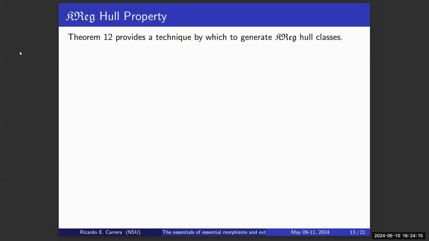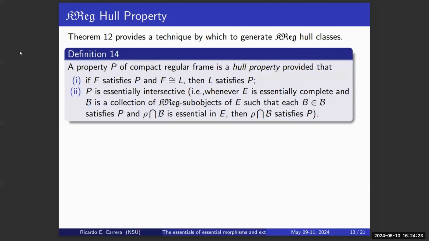All right, so theorem 12 provides a technique by which to generate kReg Hall classes. We're going to call a property P of a compact regular frame a Hall property, provided that it satisfies the following two conditions.